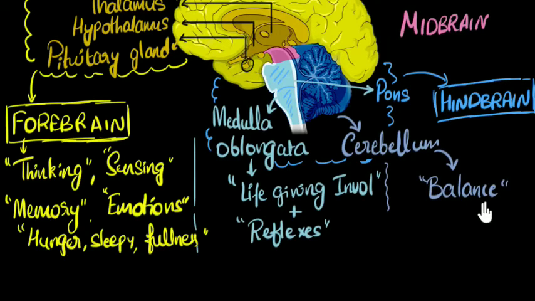Balance, in the sense that, for example, while walking, while writing, whatever it may be, there is a need for some balance that is controlled by the cerebellum. That is why they say you should not drink and drive, because once a person drinks and drives, it automatically affects the motor memory. Motor memory being affected means they cannot balance, right? So balance and motor memory come under the function of the cerebellum.